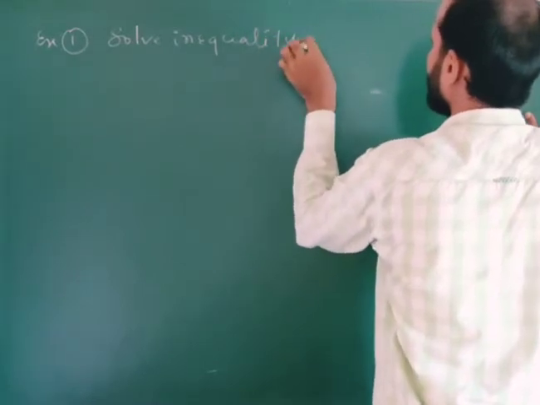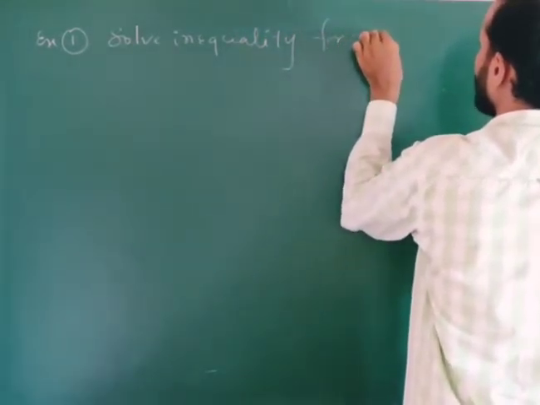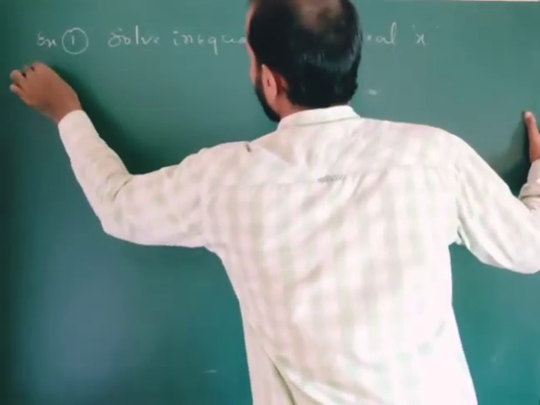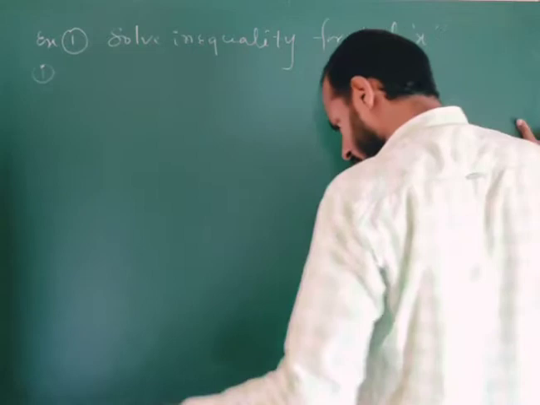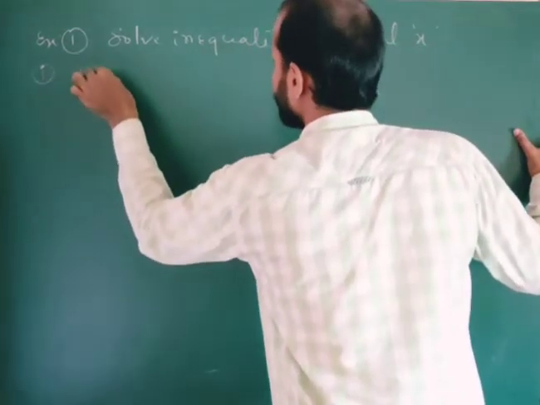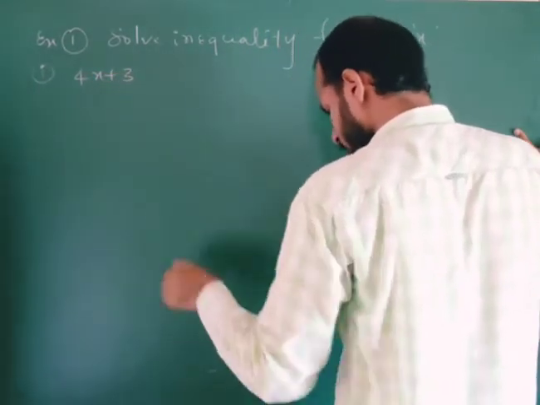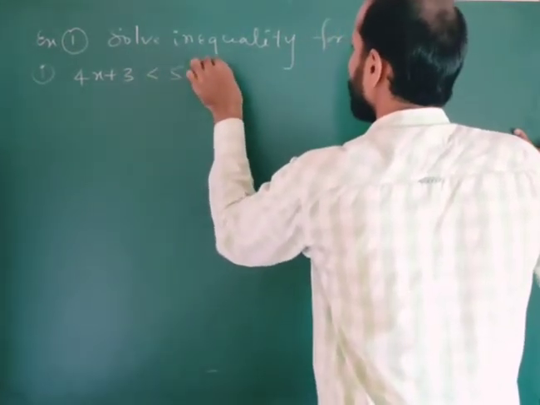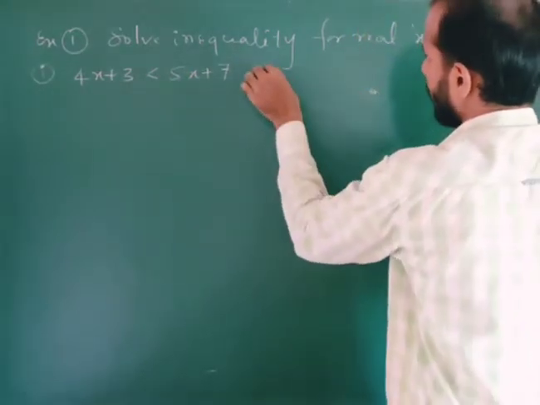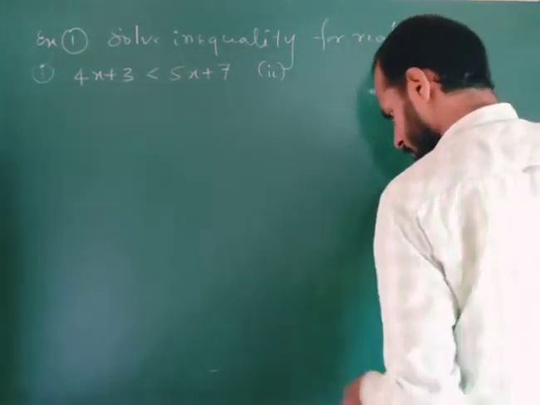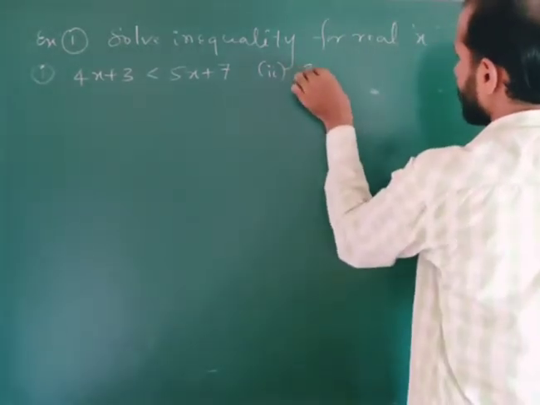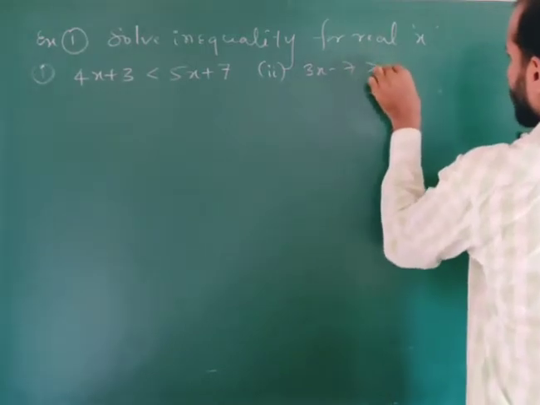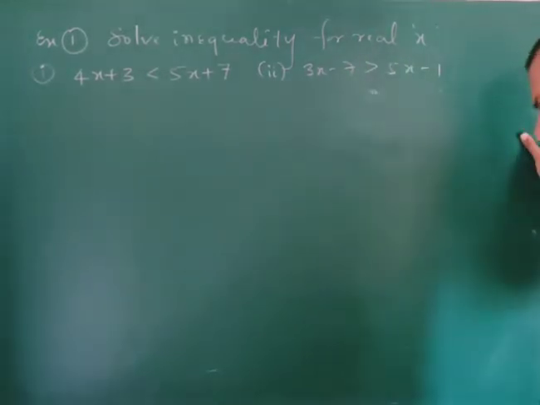The first one is 4x plus 3 less than 5x plus 7, and the second one is 3x minus 7 which is greater than 5x minus 1, right?